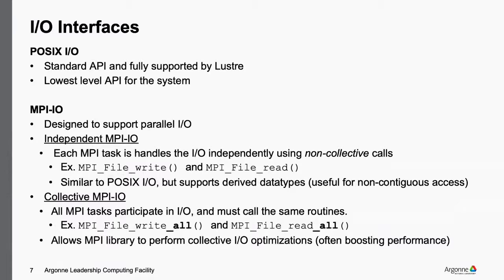So the idea of collective I/O is, if you have an unfriendly I/O pattern, like lots of discontiguous regions that you're writing from the same rank, this will help improve the performance of that. So I definitely suggest checking out MPIO if you're not using it.